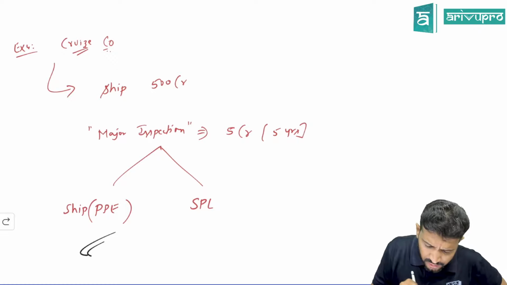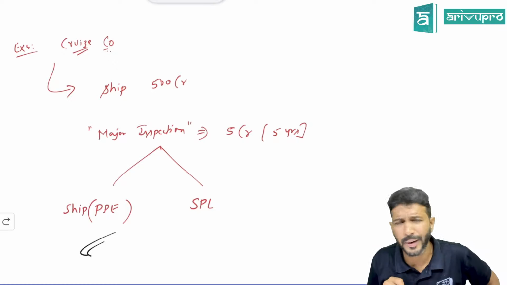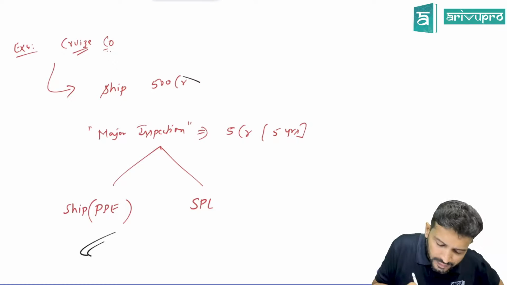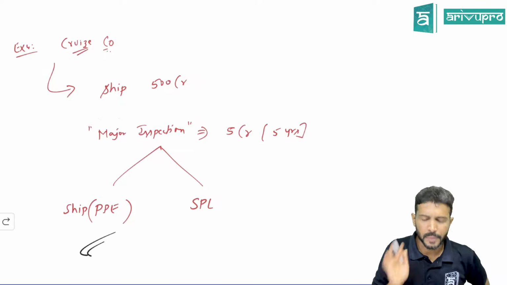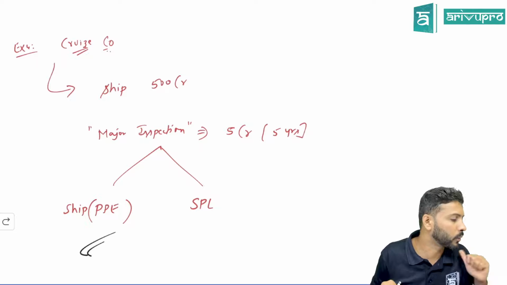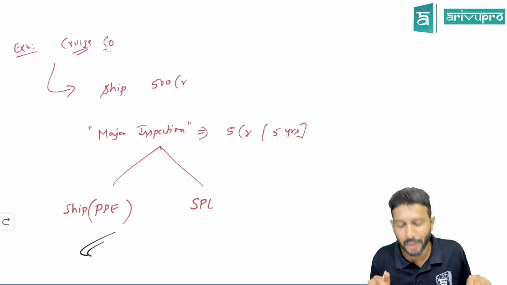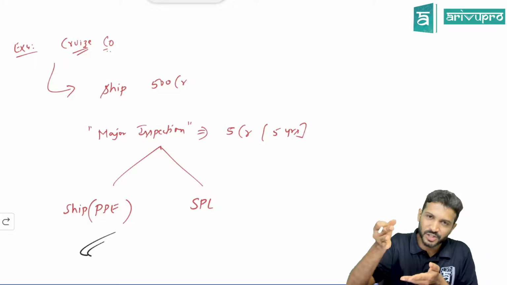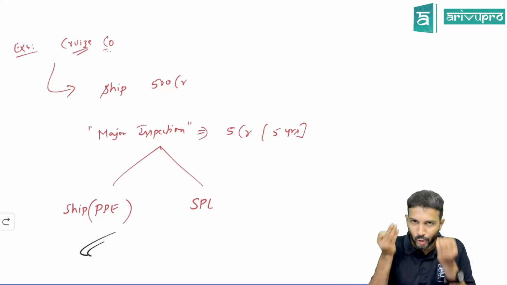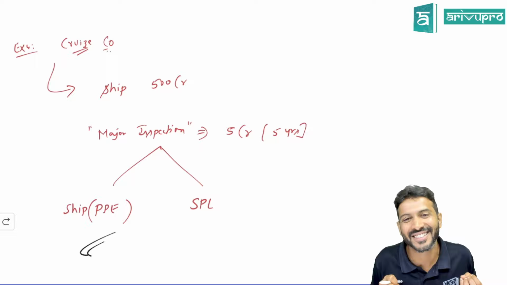See, if you don't conduct this inspection, can this company ever provide this service? Think on those lines. If the shipping company says, I will not do this inspection, what will happen? They will not be able to use the ship at all. Yes or no? So is this absolutely necessary? Yes. To use the asset itself, this inspection is necessary.